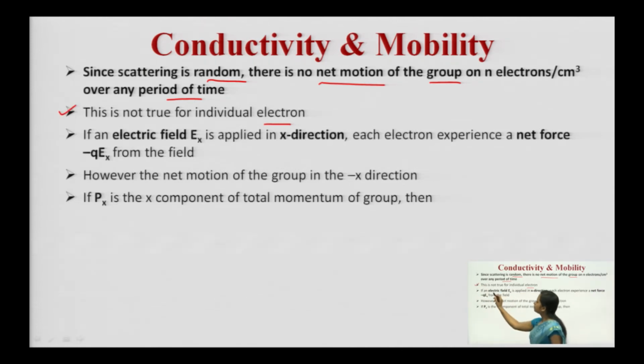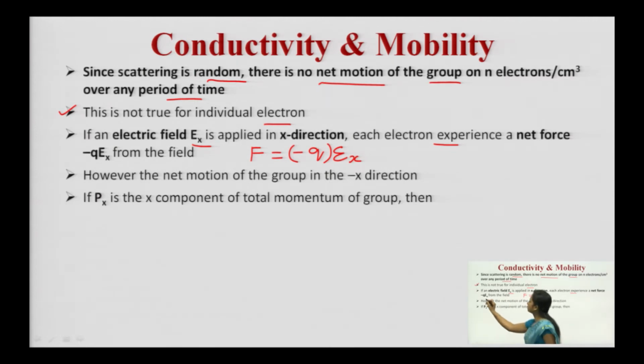So, you must remember both of these points. Then, if the electric field Ex is applied, x shows the electric field is in the x direction, and each electron experiences a net force. What is the force the electron will experience? Since we are talking about the electron, the charge on the electron is minus q, so the force is minus q into Ex, where Ex is the applied electric field.